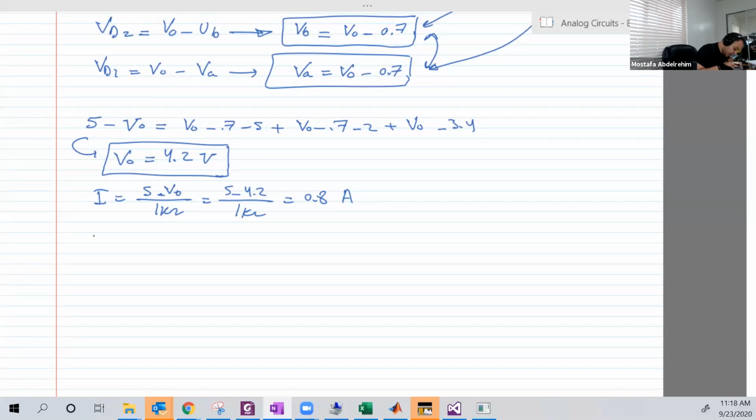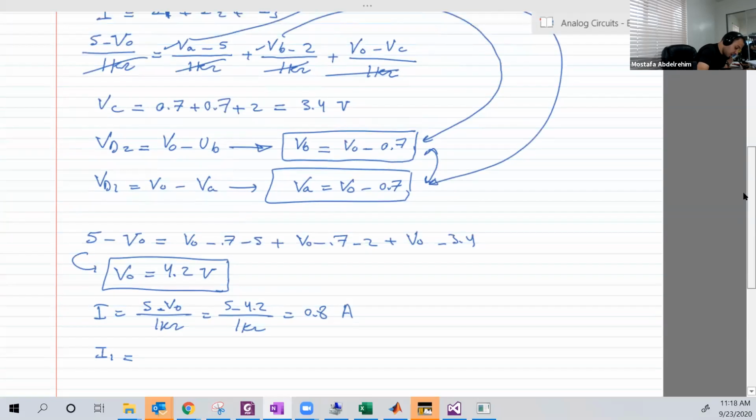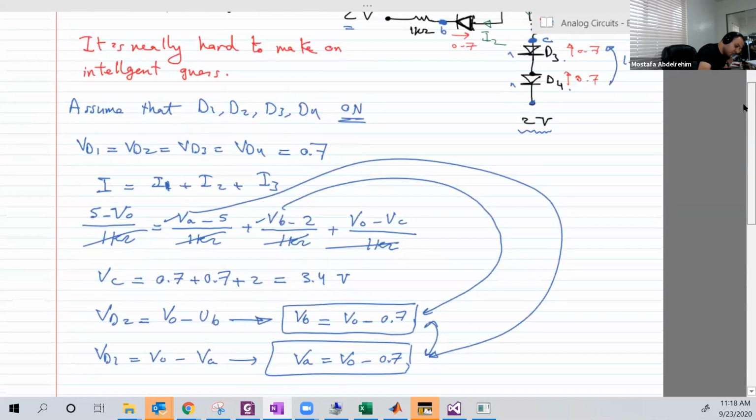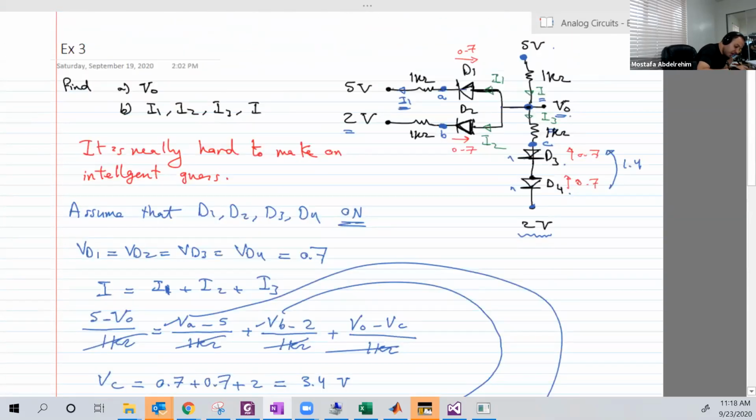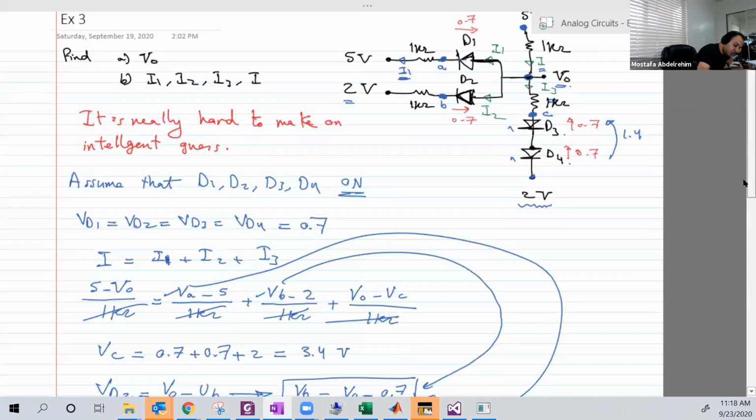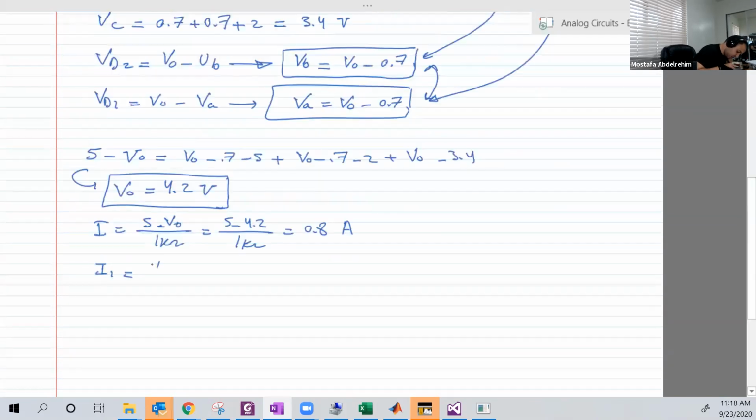Okay. Now, I1, which is flowing in D1. I1 is equal to this one here, VA minus 5 over 1 kilo. VA is equal to VO minus 0.7.